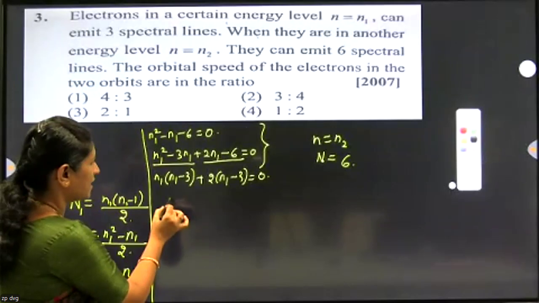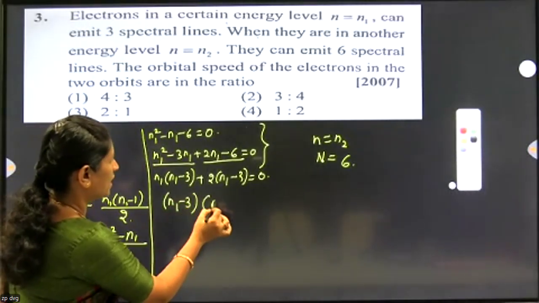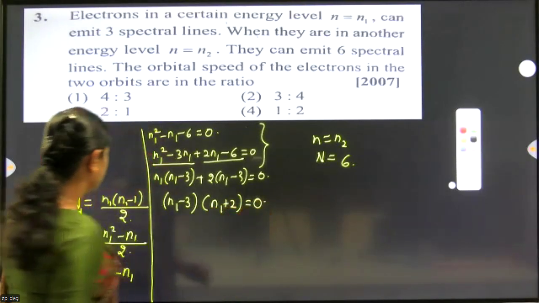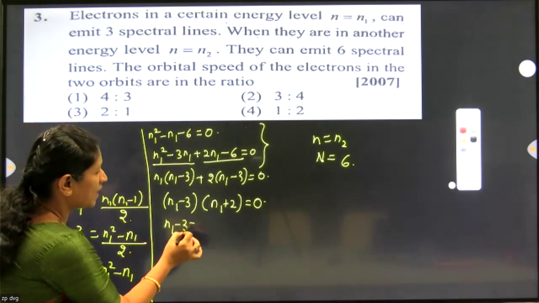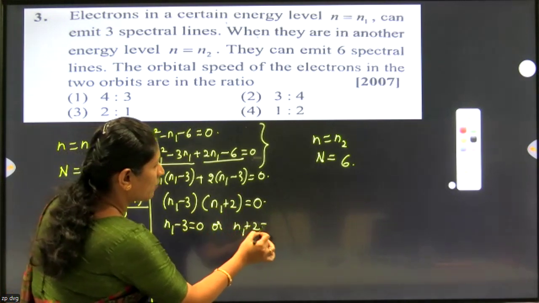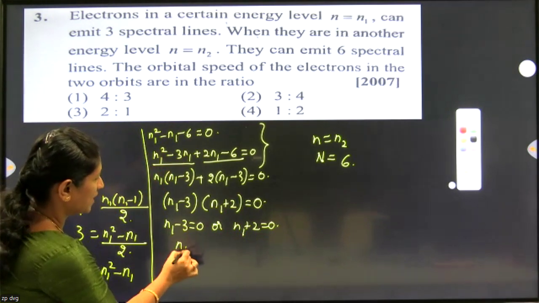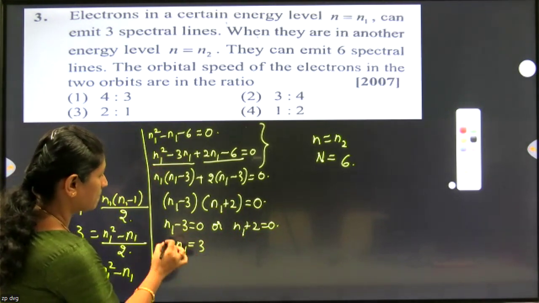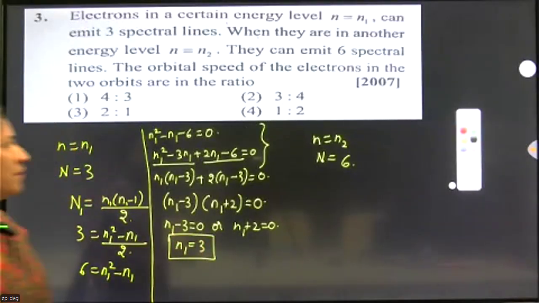Again here n1 minus 3 is common into n1 plus 2, that equal to 0. Here n1 minus 3 equal to 0 or n1 plus 2 equal to 0. Taking only positive values, n1 is equal to 3.